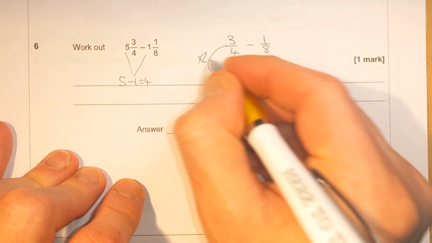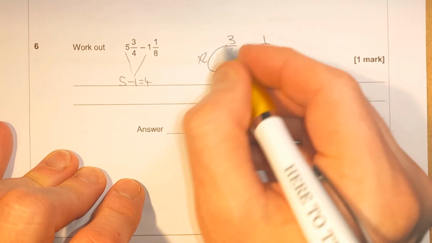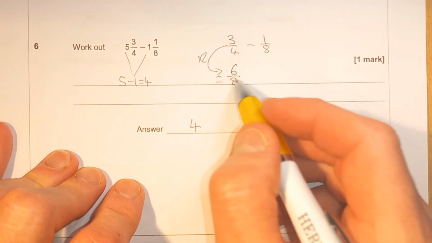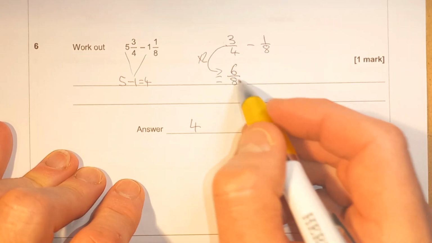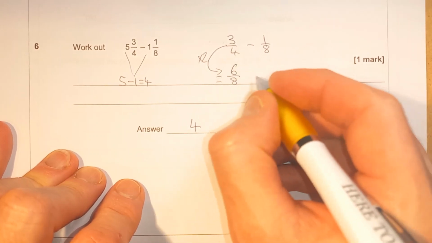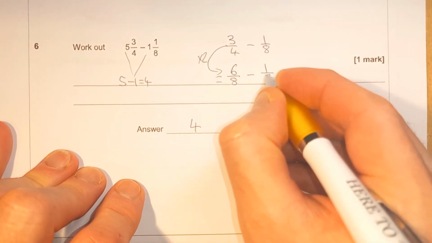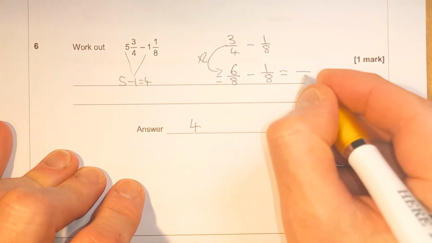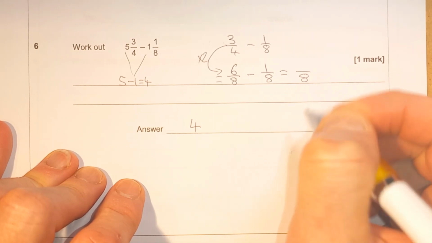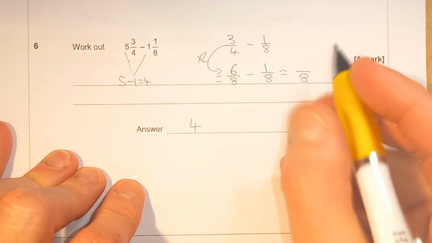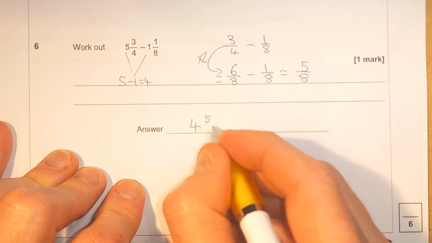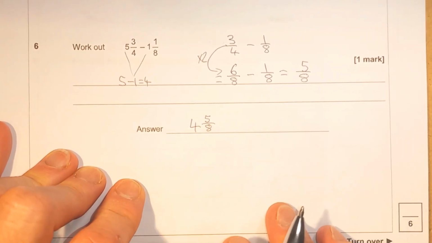So I need to do the same to the top. So 3 times 2 is 6. So what we're saying is these are equivalent fractions. 6/8 means exactly the same as 3/4. But it helps me because now I've got the same denominators. So I can keep the 8 as the denominator and just do 6 minus 1 to give me 5. And write that down now.